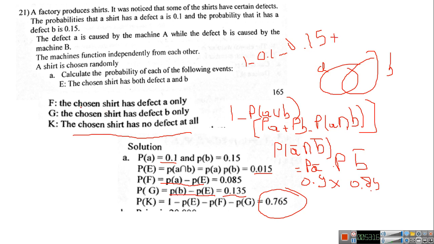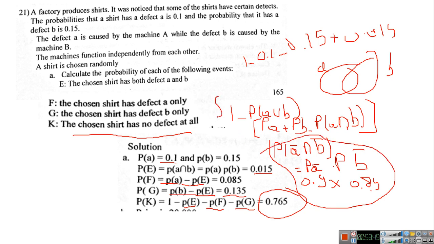The intersection was E, I think, yes, plus 0.015. If you do it on a calculator, it will be the same as 0.765, or you do it as I did here, 1 minus P of E, F, and G. E means both defects, F means A only, G means B only. You have three methods. I prefer to do either this one or that one.